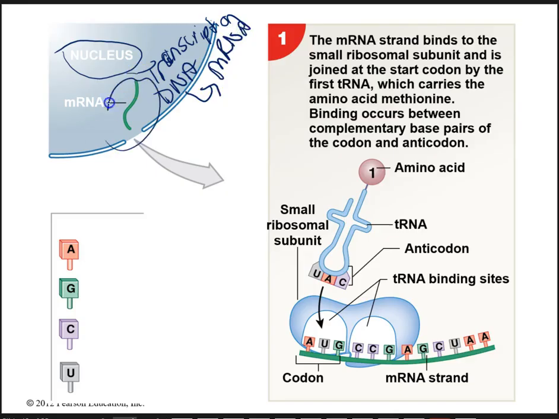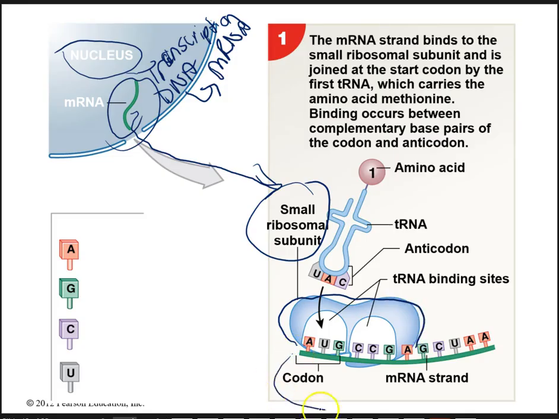Then this mRNA leaves the nucleus through a little pore and it goes out into the cytoplasm. And at the cytoplasm, we're going to have a ribosome, right? There's a small unit up here, and then we'll see another unit on the bottom, a large unit, and they're going to snap onto this mRNA.